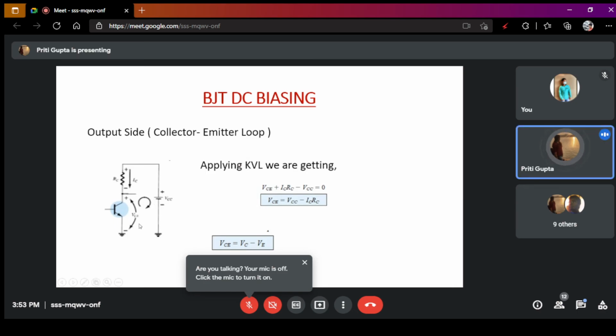So we get minus VCE minus IC RC plus VCC is equal to 0. The current direction first hits the minus terminal, so minus VCE, then minus IC RC, then the plus terminal, so plus VCC is equal to 0. From here we get VCE equals VCC minus IC RC.